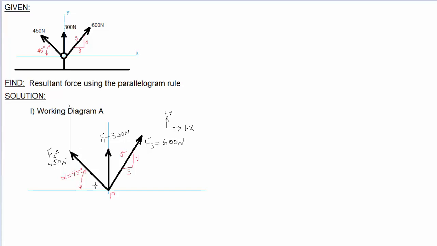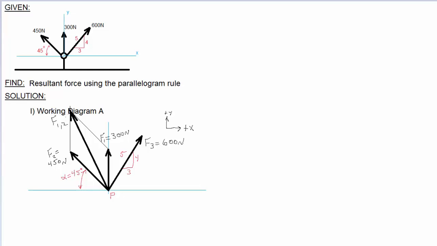Likewise, I'm going to slide F2 up to the tip of F1, and I'm going to draw a perpendicular or parallel projection. Where those two lines meet is my new resultant vector, which I'm going to extend up here. I'm going to call that new resultant vector F1,2.